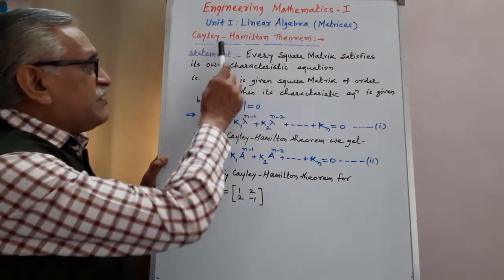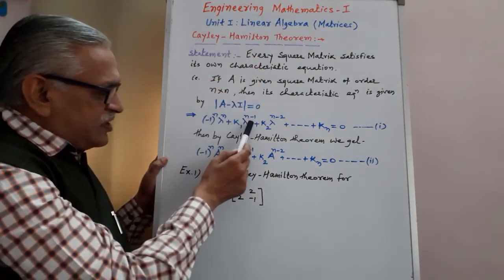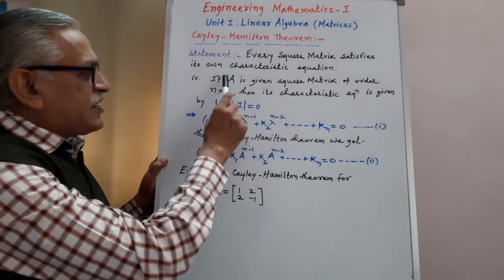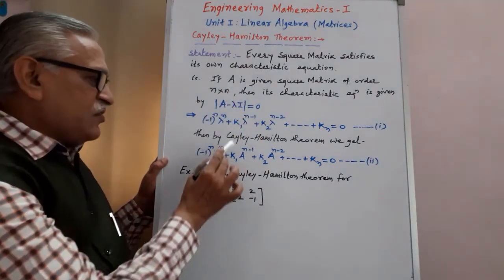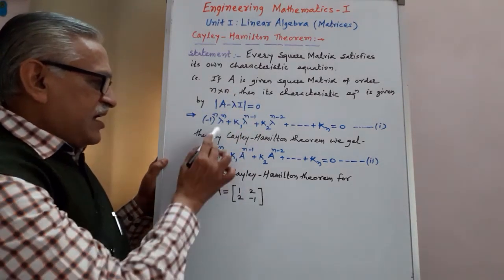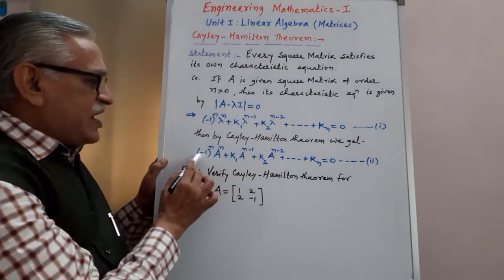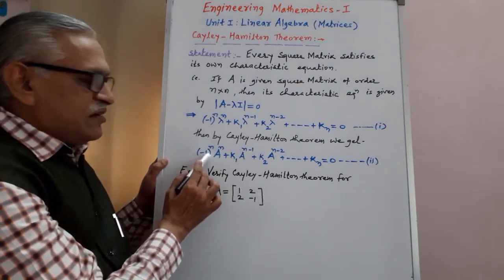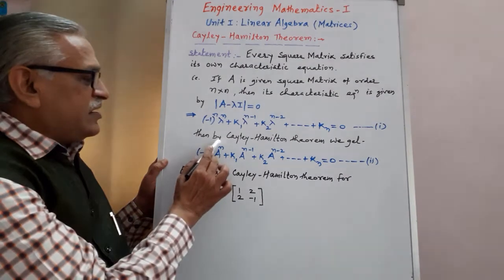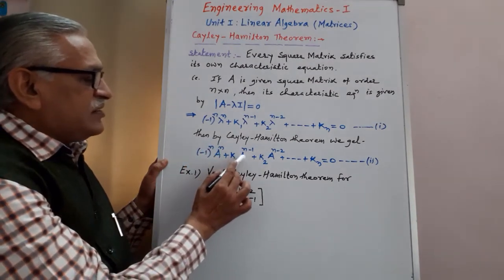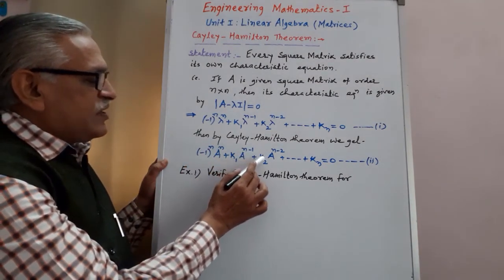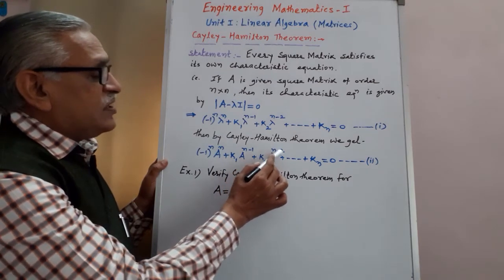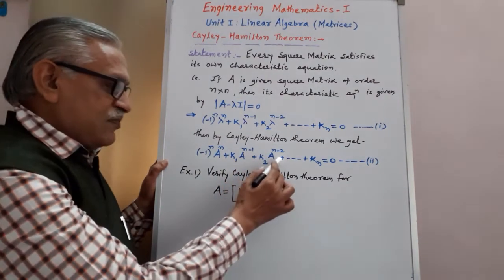Then by the Cayley-Hamilton theorem, this equation is satisfied by the matrix A itself. Means we have to replace lambda by A, and then we have the equation: minus 1 raised to n, A raised to n, plus k1 A raised to n minus 1, plus k2 A raised to n minus 2, and so on.